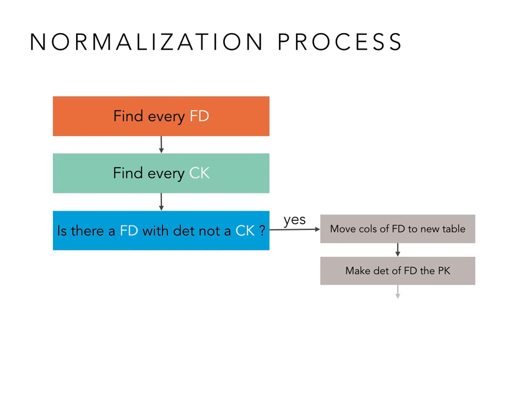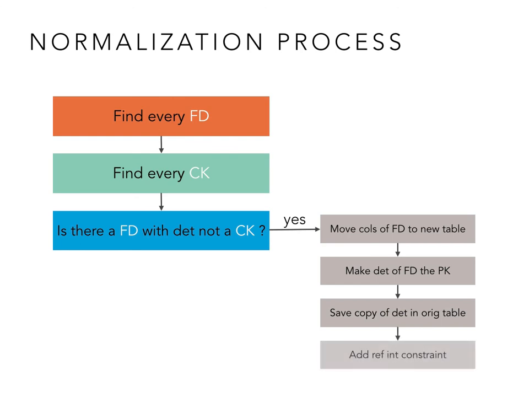And then in the original table, we'll leave a copy of the determinant. This is basically creating the foreign key in the original table to this new table. And then we would also want to add the referential integrity constraint to make sure that we can't put illegal values in the foreign key table.